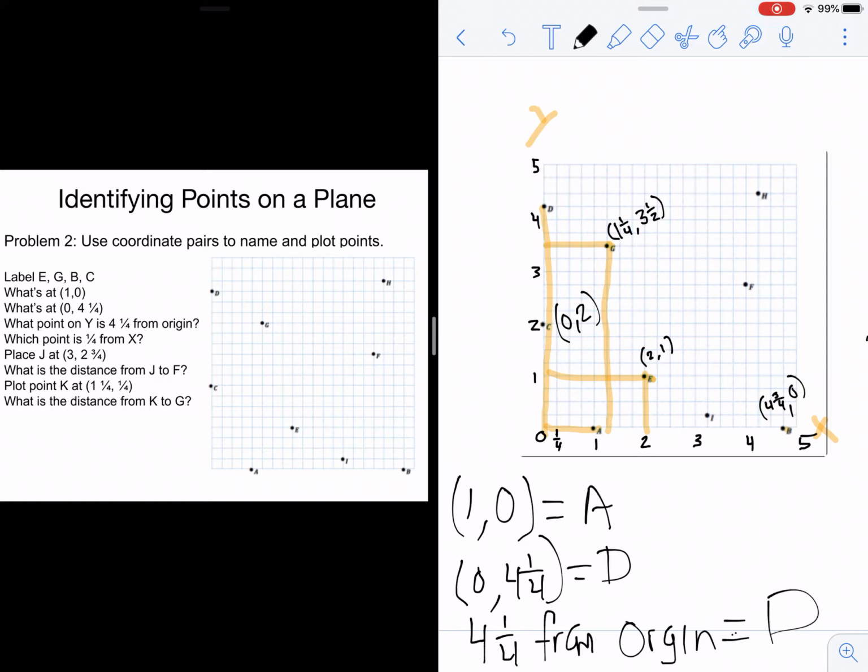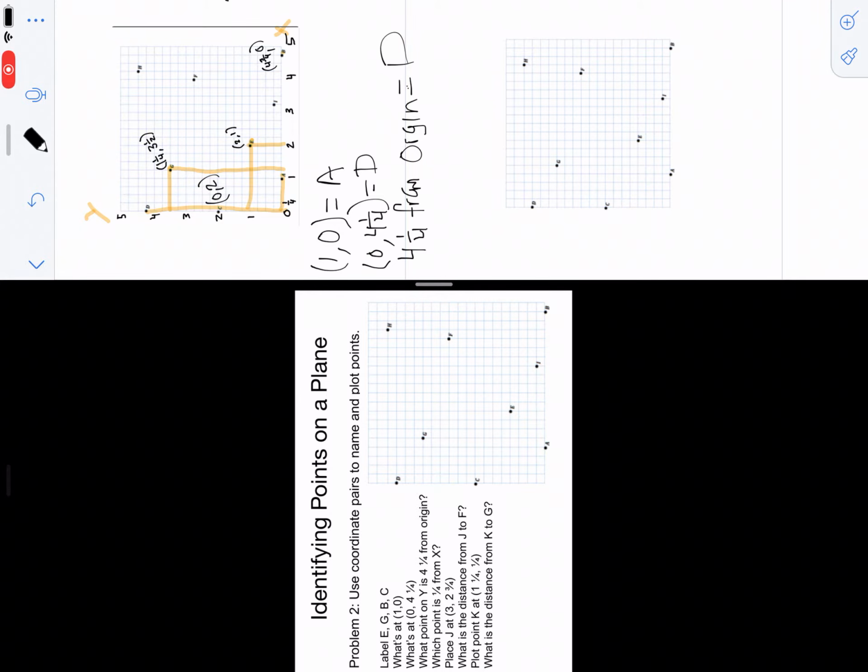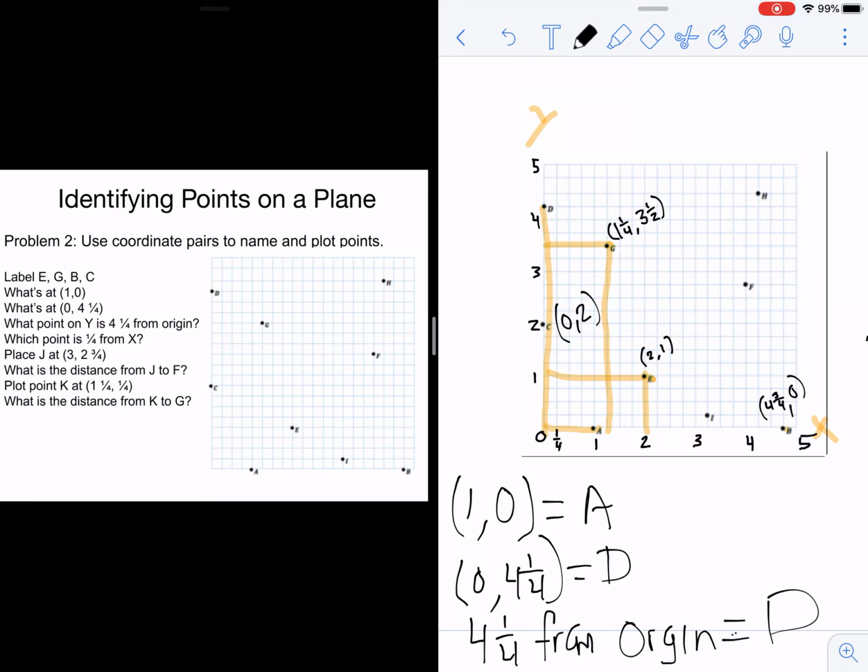Okay. Next, which point is 1/4 from X? So we're looking for a point that is 1/4 from X. Do you see any points on the x-axis that is 1/4 from x?